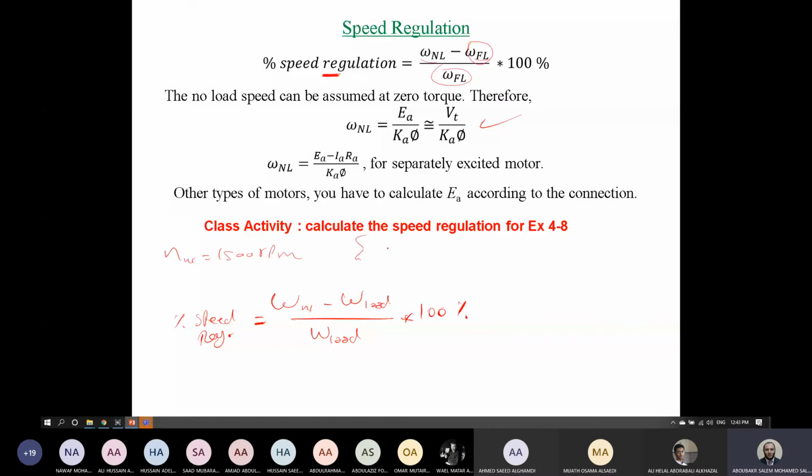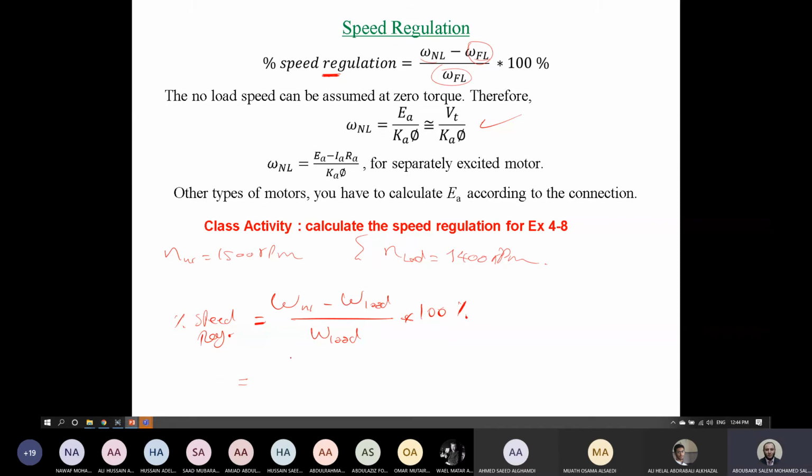And assume we have another load speed where N load equals 1400 RPM. So what will be the speed regulation now? Who can solve with me?